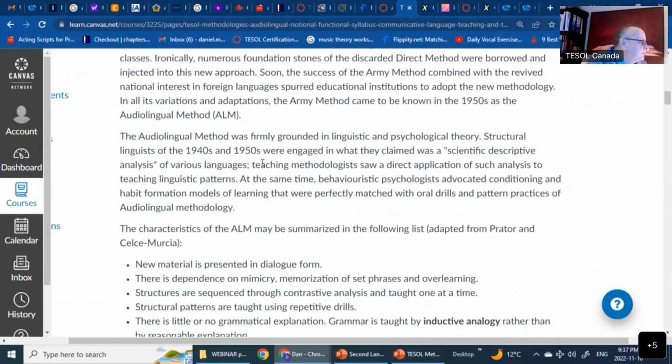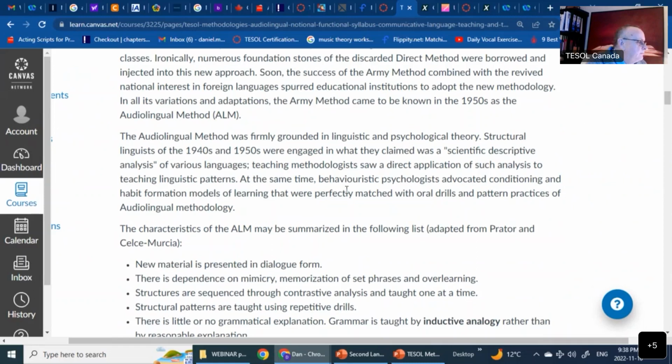The audiolingual method was firmly grounded in linguistic and psychological theory. Structural linguistics of the 1940s and 1950s were engaged in what they claimed was a scientific descriptive analysis of various languages. Teaching methodologists saw a direct application of such analysis to teaching linguistic patterns.